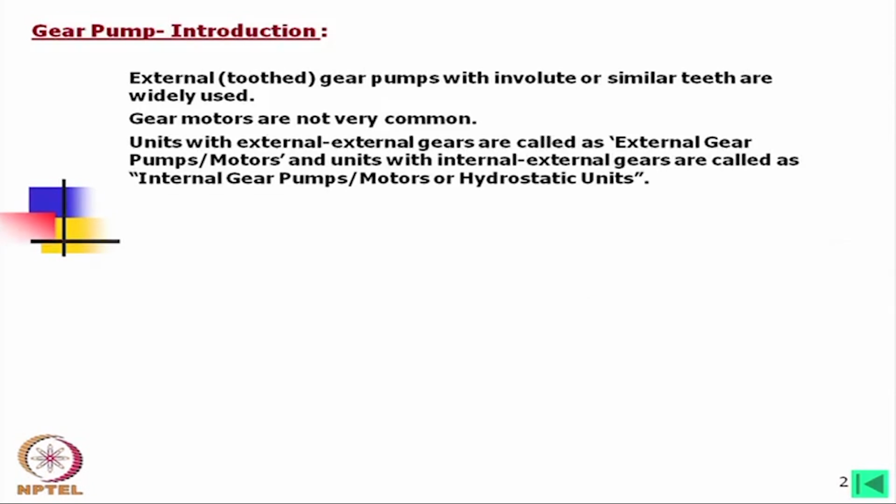Now, units with external gears are called external gear pumps and motors, and units with internal gears are called internal gear pumps or motors, or together, either pumps and motors, because their basic features will be the same, they will look alike, only there is a minor change in valves.